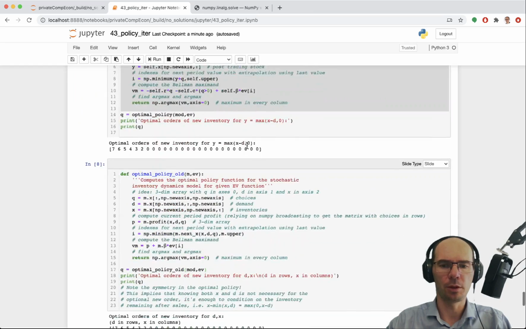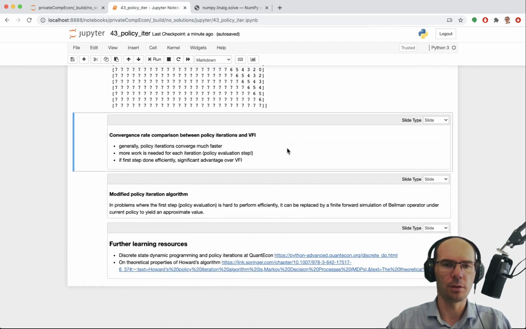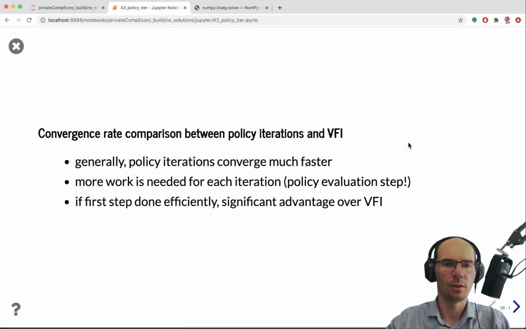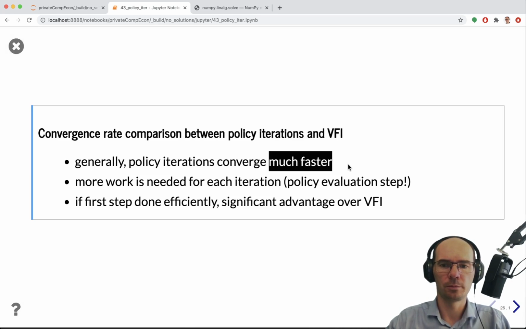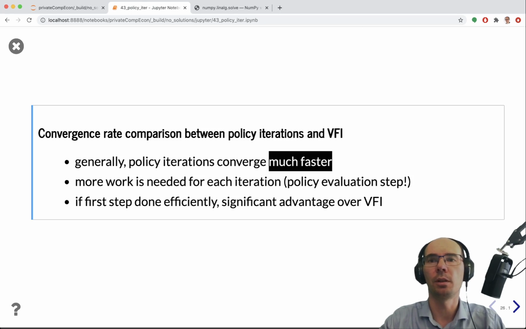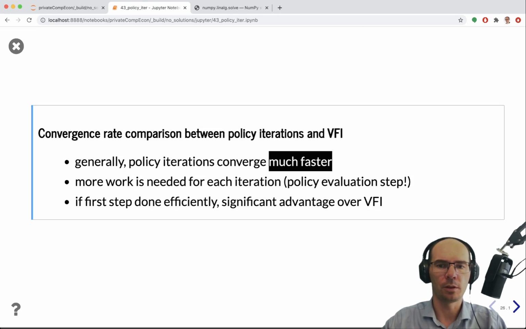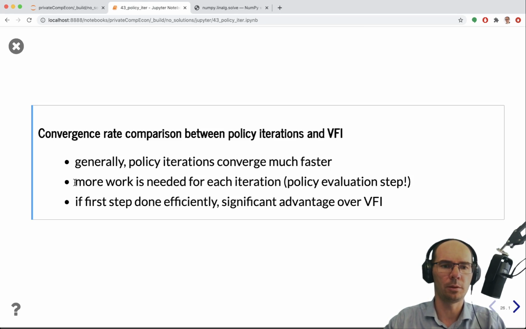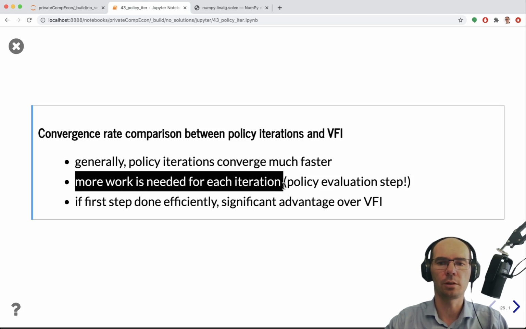The policy iterations, as you can see, are much faster. That's what we've seen. And you can yourself run the model for different parameter values and see whether you can find a way where at least the difference is not as drastic. But more work is needed on each iteration in the policy iterations, right?